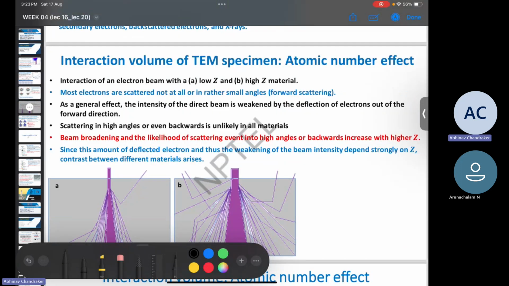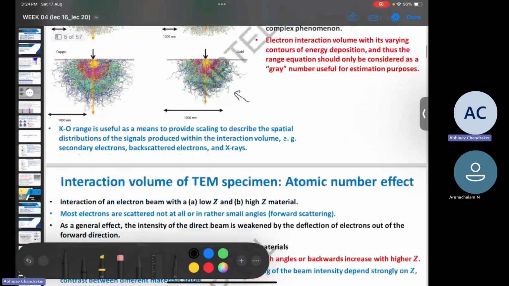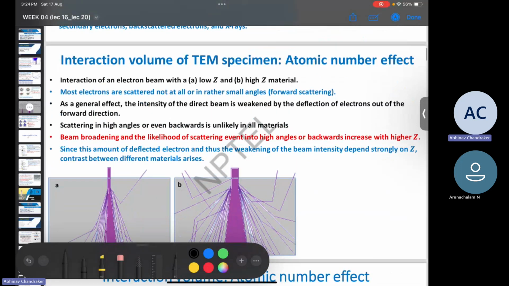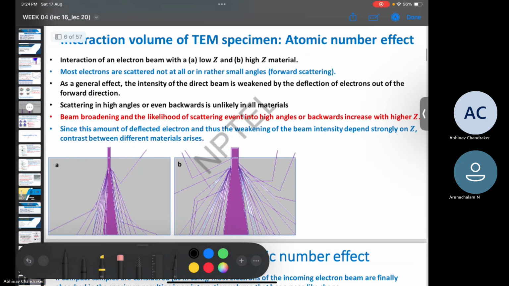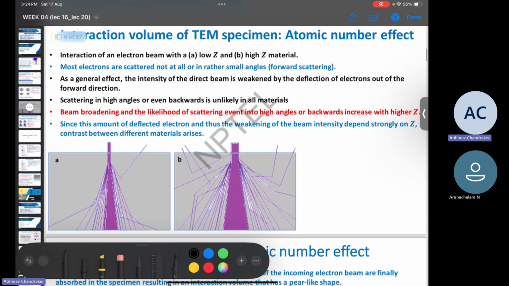So what are the factors which affect this interaction volume? I just mentioned them in the KO equation. But do the factors affect it in the way that it was shown in the equation? Firstly, look at atomic number. As the atomic number increases, the charge of the nucleus of the atom increases.